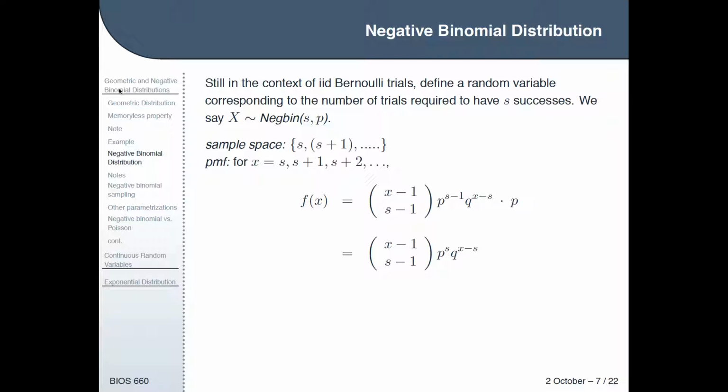In particular, there are going to be X minus 1 trials before trial number X where you get the final success, and there's going to be a total of S minus 1 successes among those X minus 1 trials.